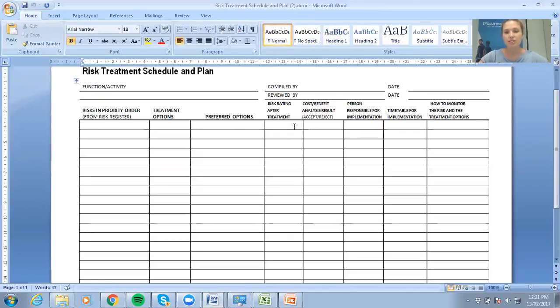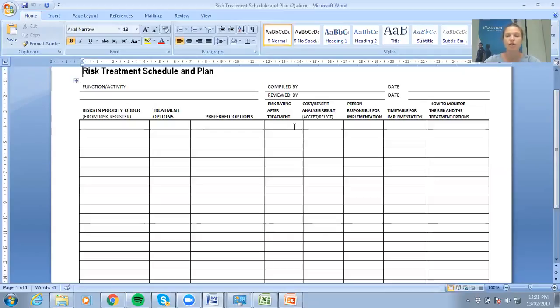Then you need to decide the cost-benefit analysis result, based on that treatment that you've put into place. Would you accept this or would you reject it? You want to state whether or not you would accept this option of overcoming this risk, or you would reject this option of overcoming the risk, and why.